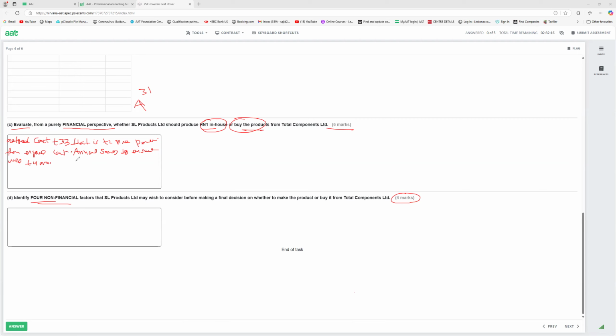The first thing I'll say, the uncertainty. However, the uncertainty is involved with the demand, and higher and lower demand can change the in-house cost.